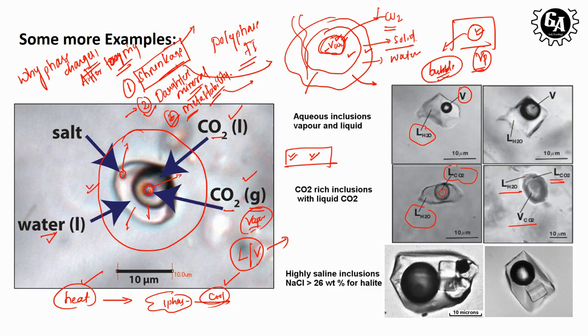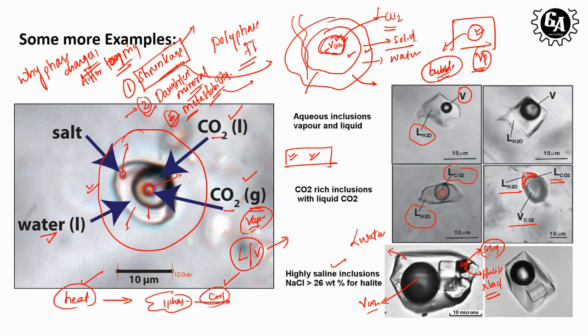You can see this much liquid water is present, then liquid carbon dioxide, and then this is the vapor carbon dioxide. And in this case, this must be your liquid water, this is your vapor carbon dioxide, and this is your solid, because of this dark color, this is basically halite, that is NaCl salt.